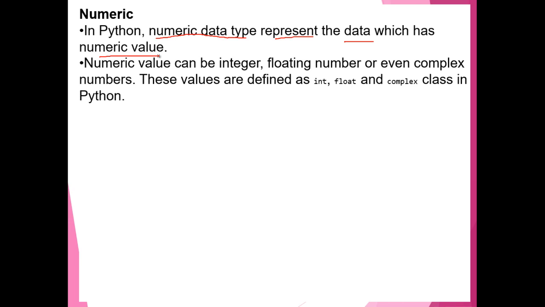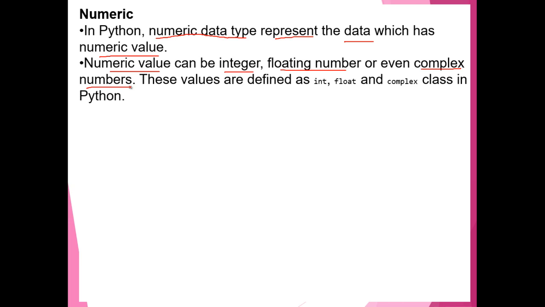We categorize those numeric values into three categories: integer, floating point, and complex number. So the numeric data in Python is divided into three categories. One is the integer, the second is the floating point number, and the third is the complex number.